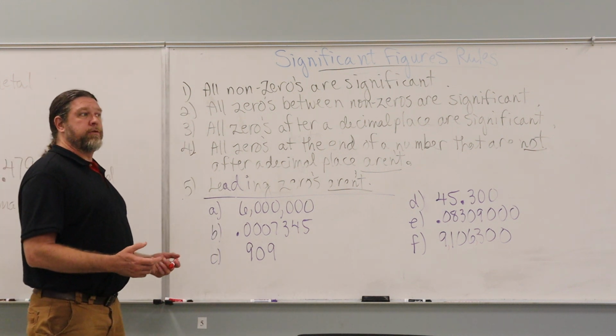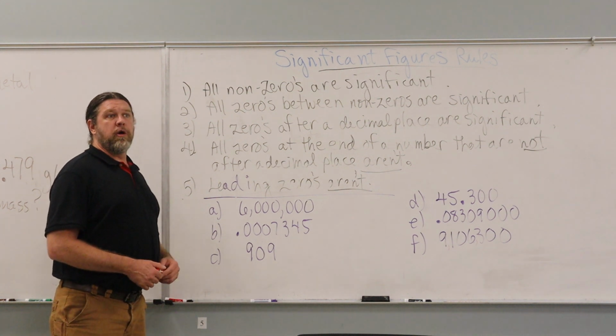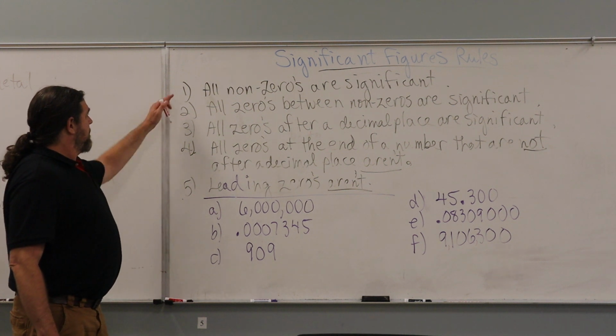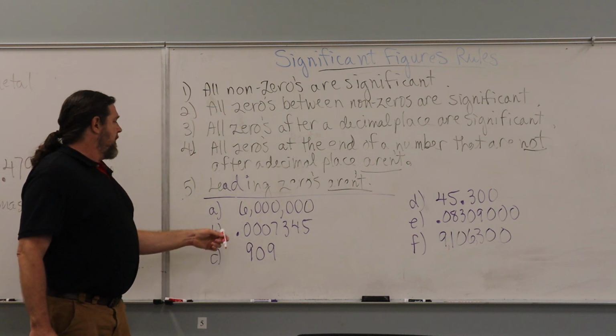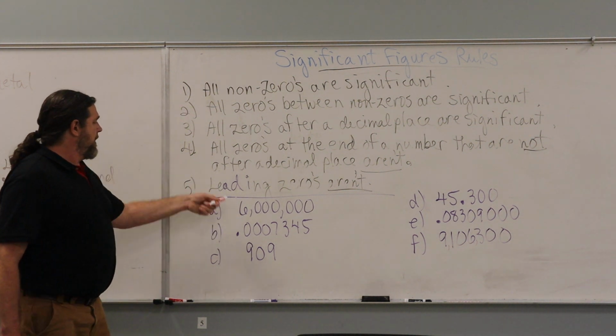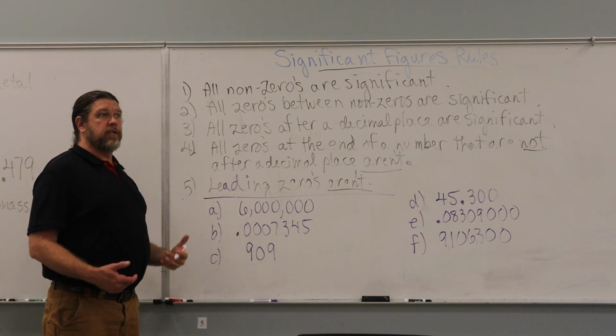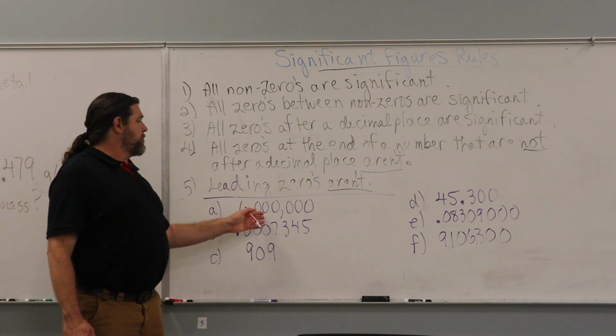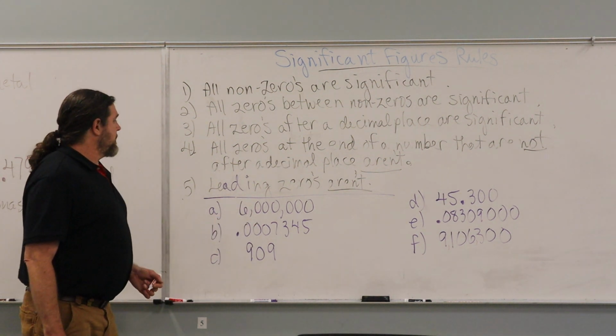This is a common exercise you see when students start learning the idea of significant figures. If we apply one rule at a time, we see with rule 1 that this 6 is significant because it's a non-zero. But then we have all these trailing zeros. Are any of these significant?